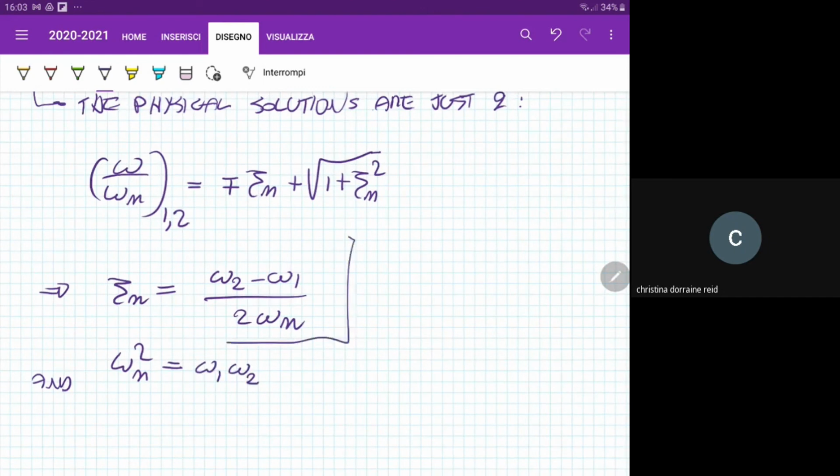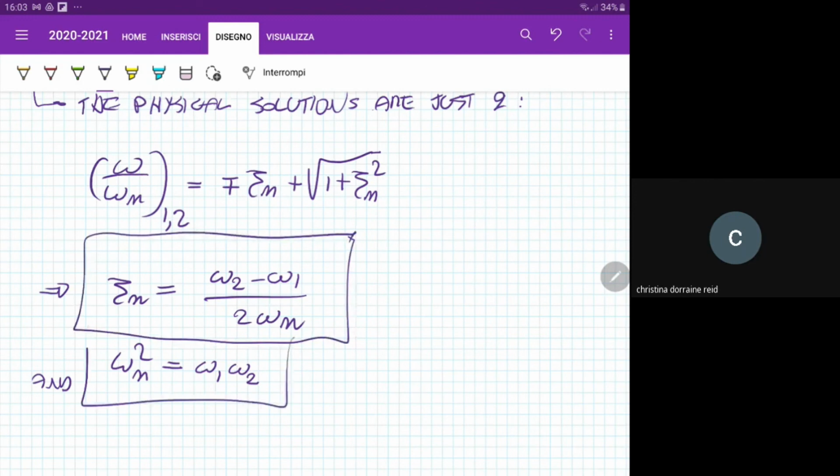This tells us how we can estimate the natural frequency and the damping ratio from the frequencies omega 1 and 2, to which corresponds half of the power that could be dissipated by your system when excited with harmonic loading.